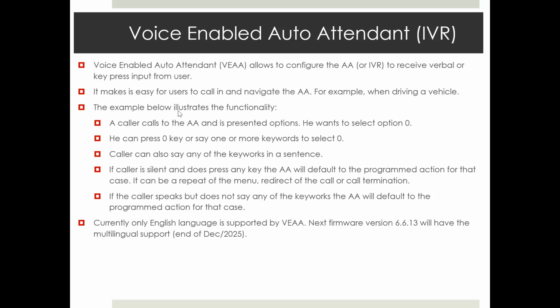And if the caller doesn't choose an option or it doesn't understand, the call can be connected to an extension where it can be processed. Currently it has English support, but as we mentioned before, it's going to have multilingual support here at the end of the month.